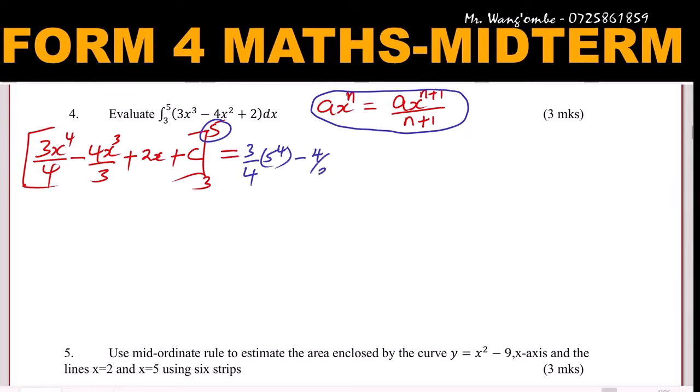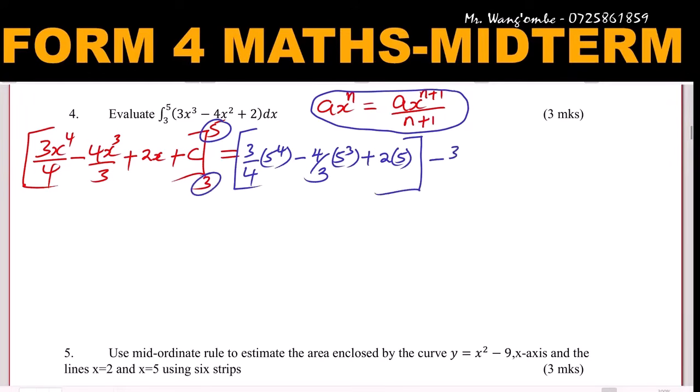Subtract 4 over 3 times x cubed, so that is 5 cubed. Then plus 2x, where x is 5. You can drop the constant of integration at that point, because when you proceed with it, it will be subtracted and you'll get 0. Now substitute 3.